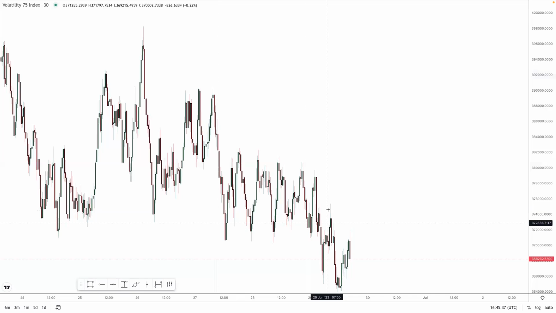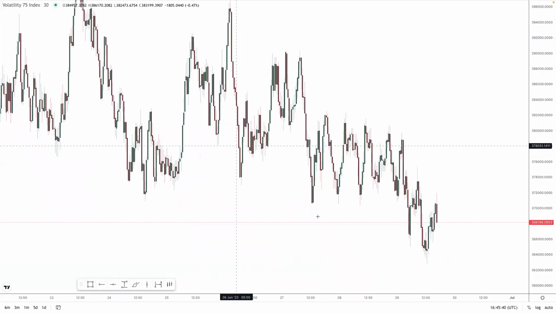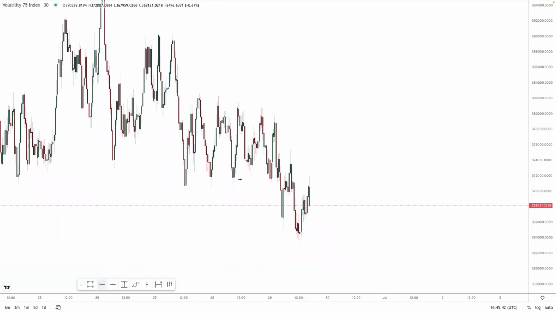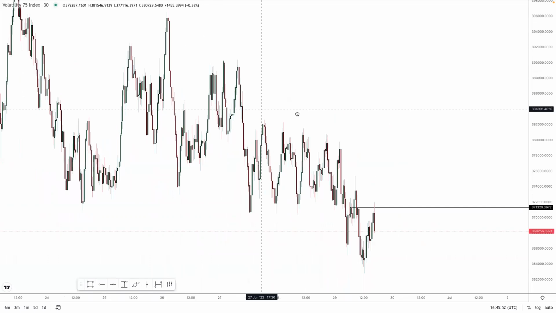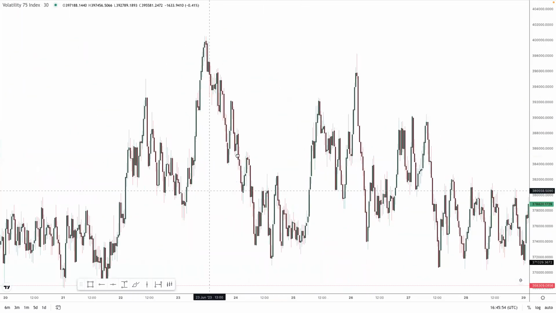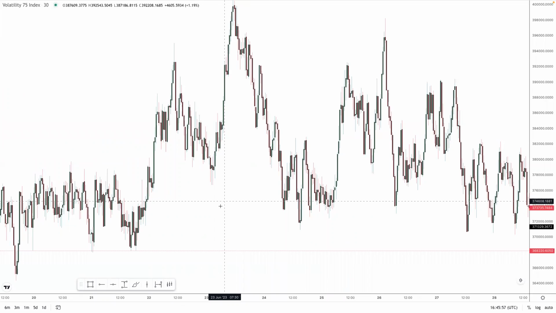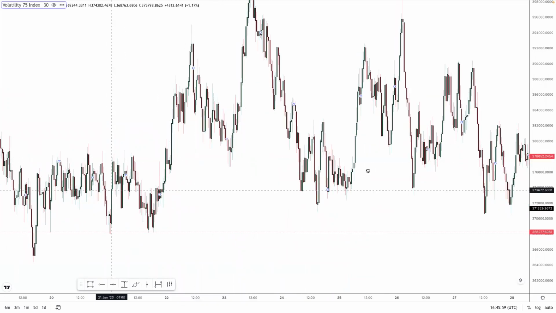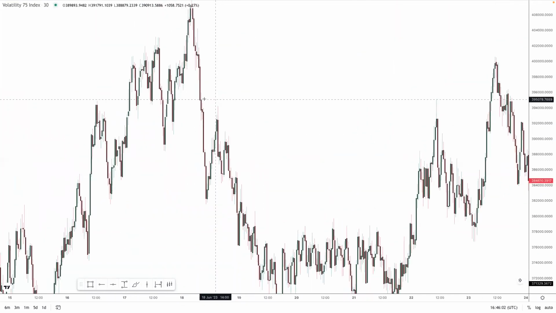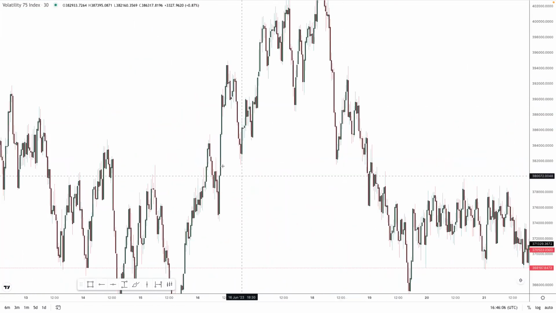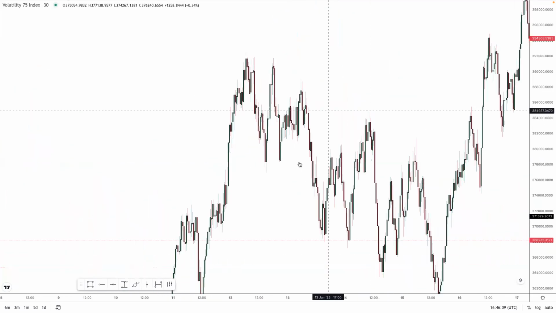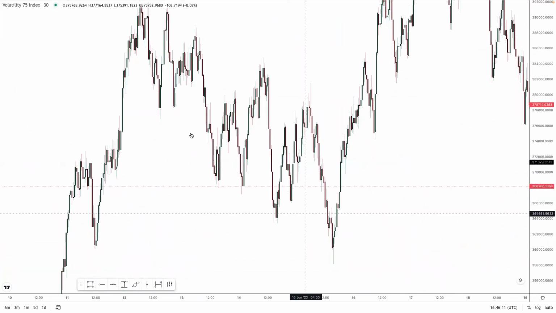The live example we have, I think you can also see this invalidation that has been respected. I'm trying to look for examples.